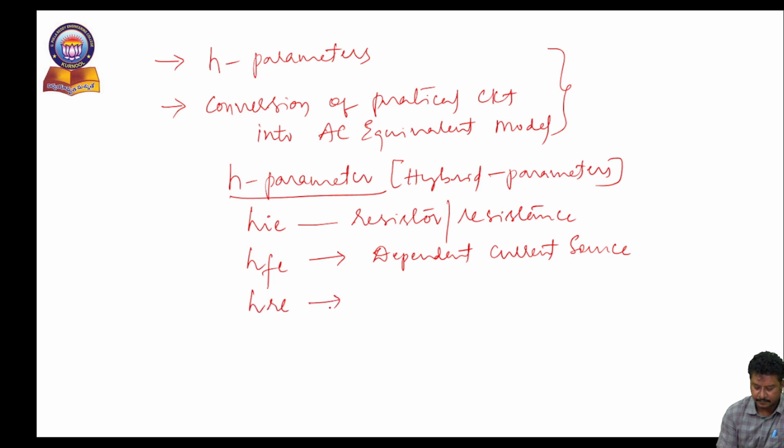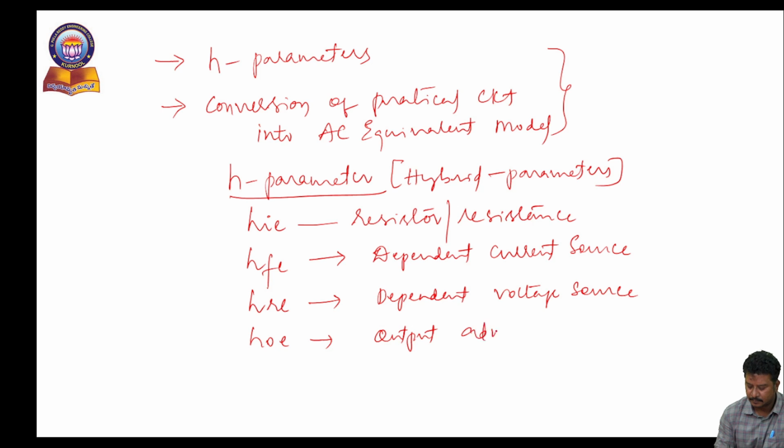HRE, the dependent voltage source. HOE, the output admittance. Now observe that the first parameter explains the resistive behavior, the second the current behavior, the third the voltage behavior, and HOE explains the admittance.